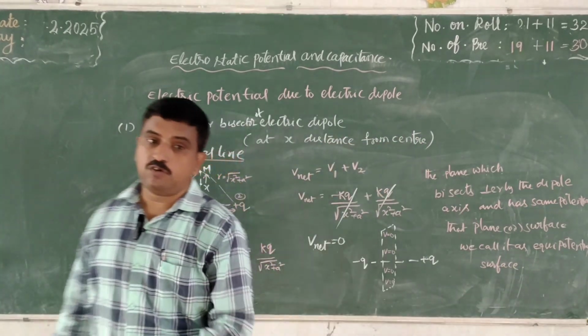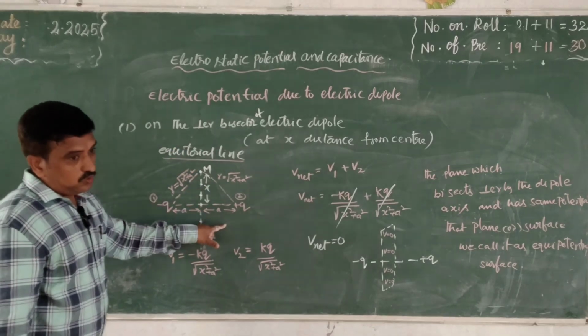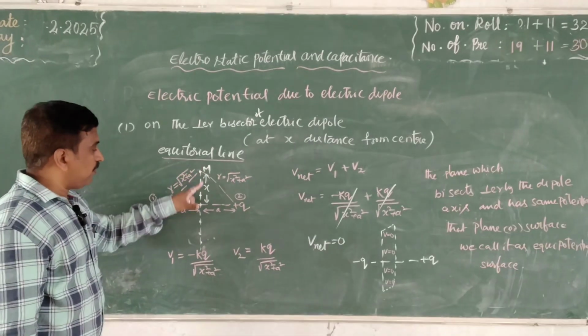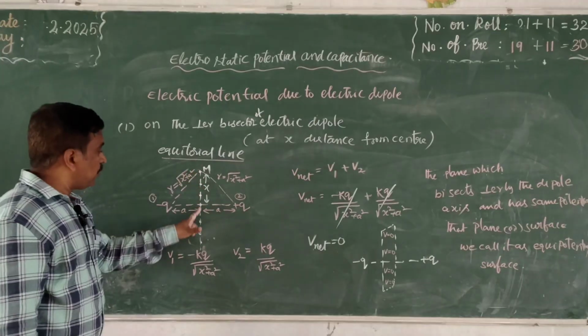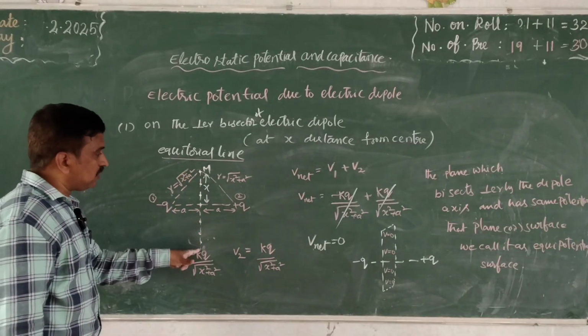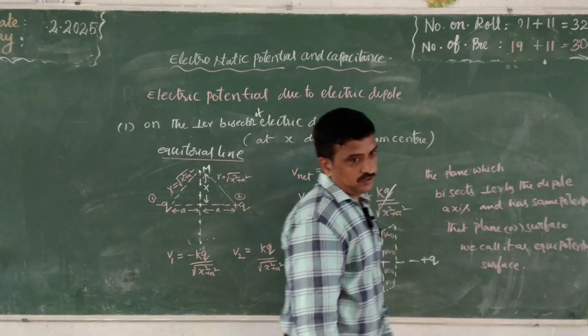Due to the electric dipole, at x distance from the center perpendicularly, the electric potential is the same. Not only here, this whole plane has the same potential. That plane or surface we call an equipotential surface.